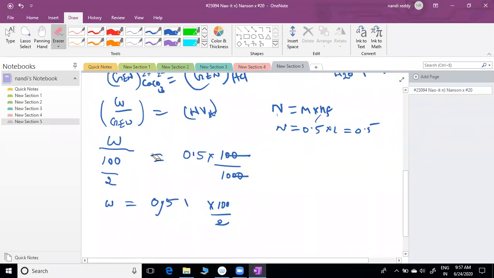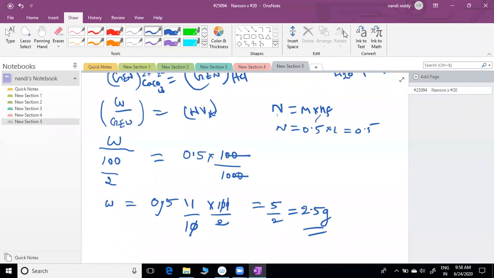This 10 should be the lower one, into 1 by 10. This 10 and 10 will be cancelled, this 10 and 0.5 will be cancelled. Then ultimately 5 by 2, 2.5 grams. Is it correct? How many people got this? Please check again.